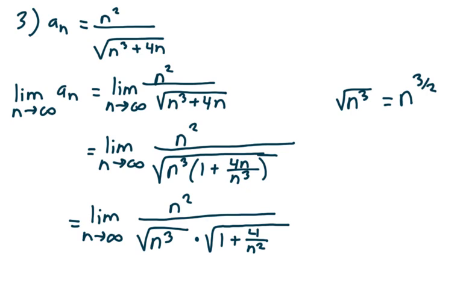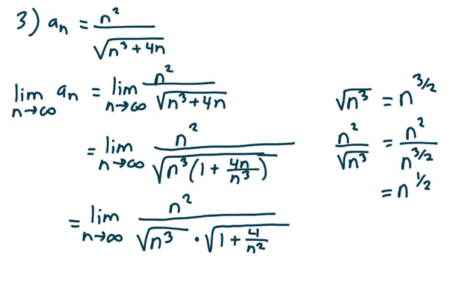If I take n squared over the square root of n cubed, this is equal to n squared divided by n to the 3/2. But remember, 2 minus 3/2 is 1/2. So this can be written as n to the 1/2, which is equal to the square root of n.